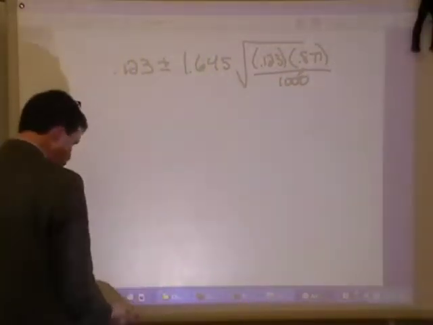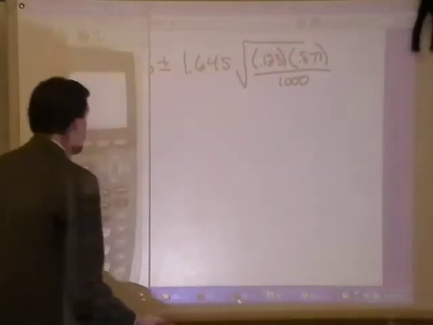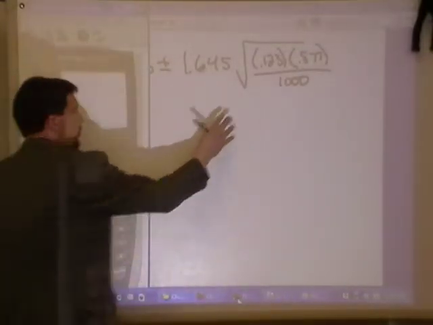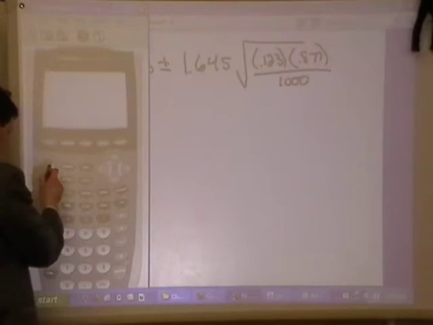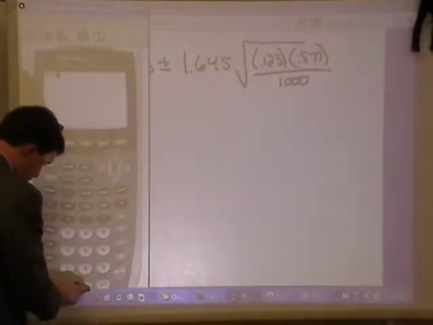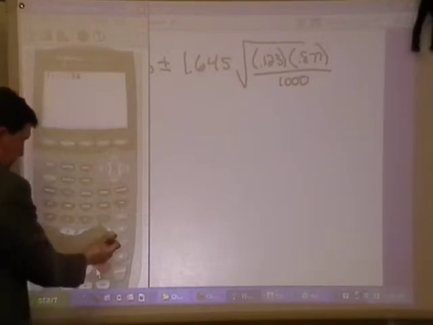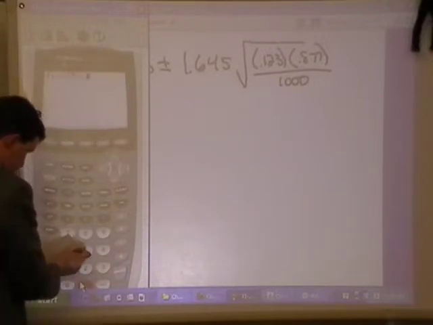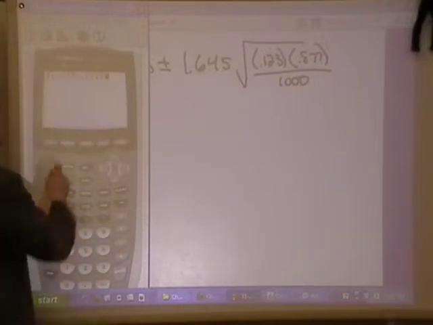So, what I'm going to do is I'm going to do this step by step. So I'm going to start off with the standard error, and I'm going to take the square root of 0.123 times 0.877.